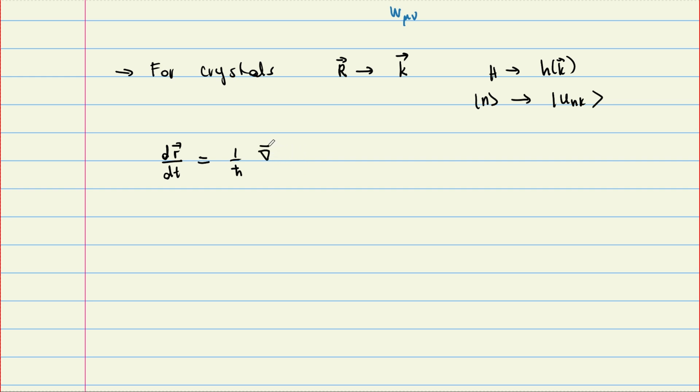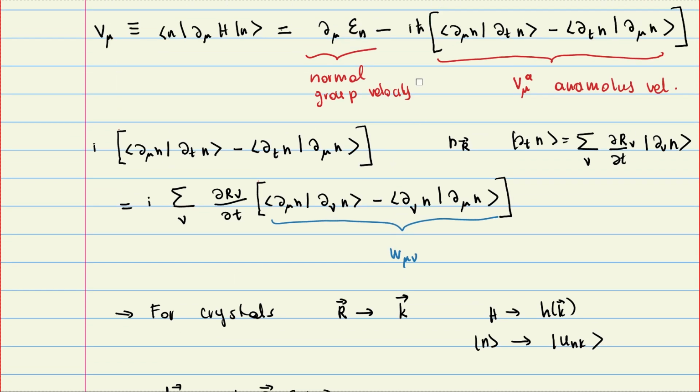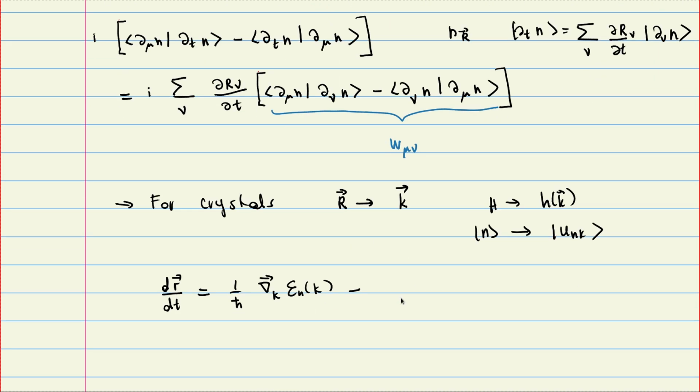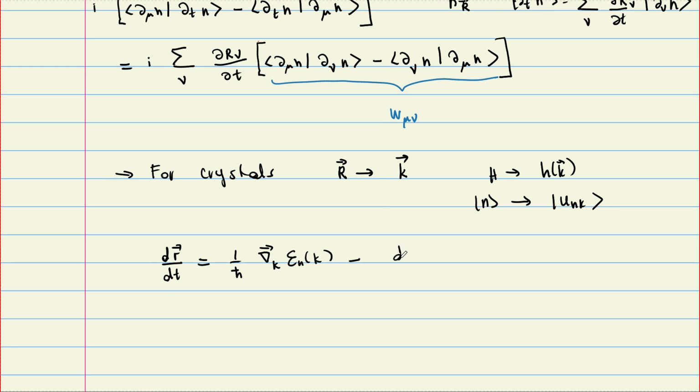So this is ∂_k E_n of k, minus, so there is dr/dt, but this dr/dt is going to be replaced with dk/dt here.